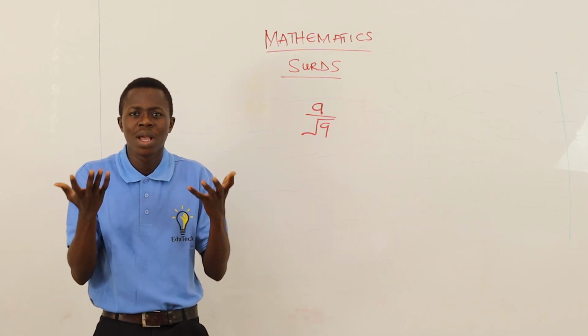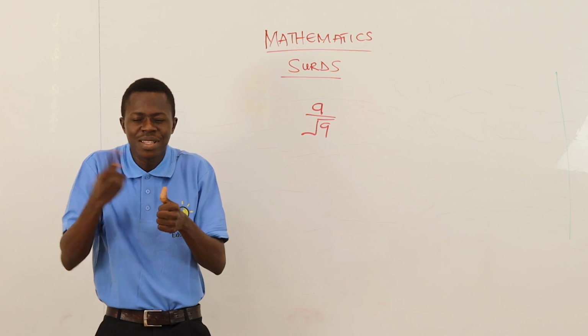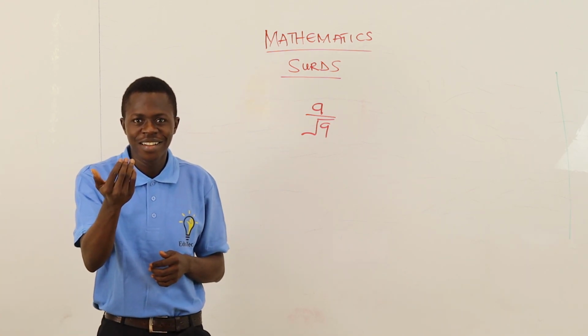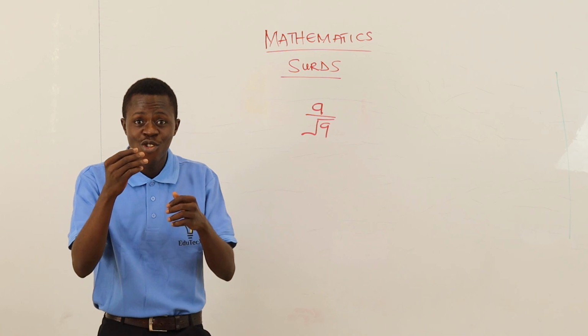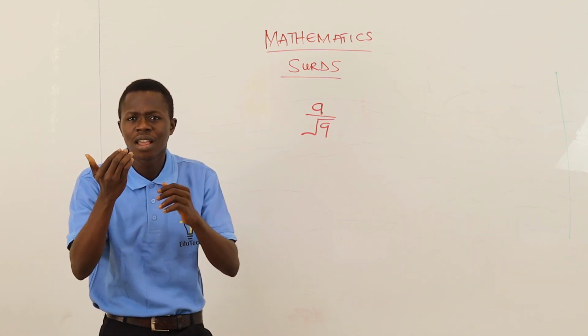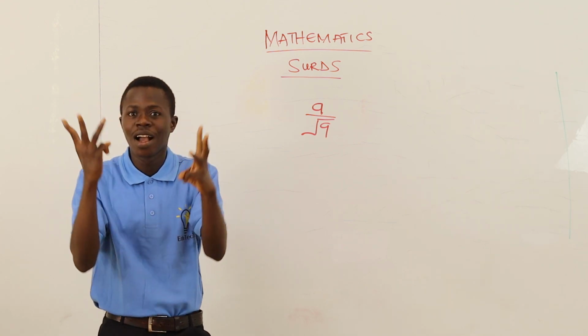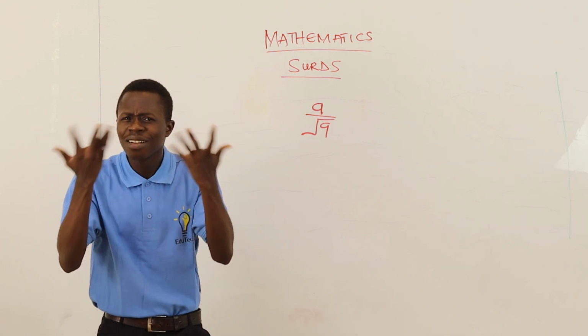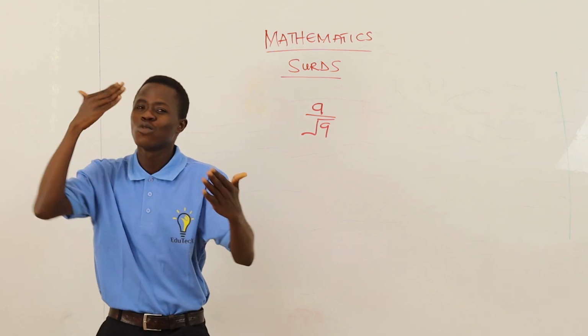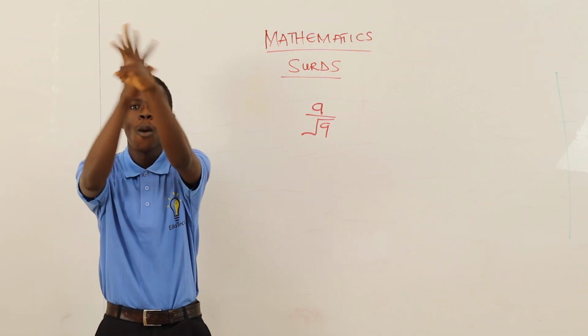Say we have an expression a divided by the square root of 9. What would you do first to simplify this expression? Would you add? No. Would you multiply?